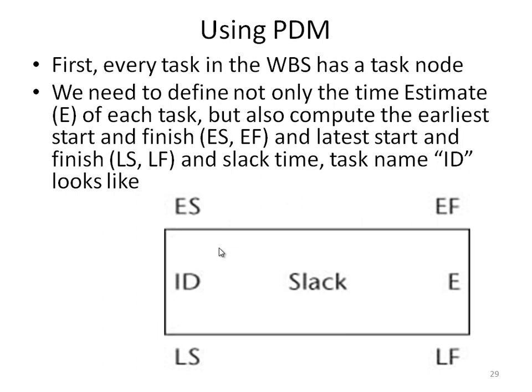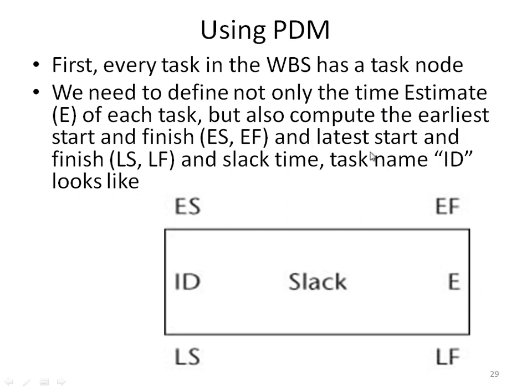So let's use the new diagramming method, which is the PDM, or the activity on node, and see how we can use that to identify or build the network for a project. We need to define in this node the estimated time or the expected time or the duration of the task.